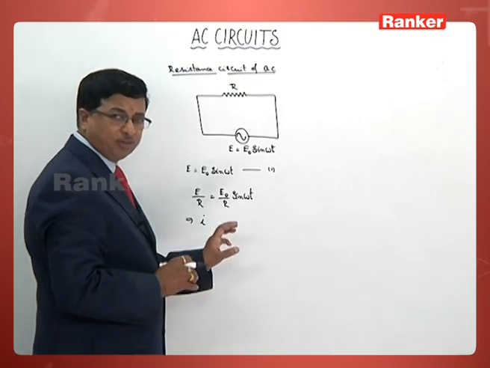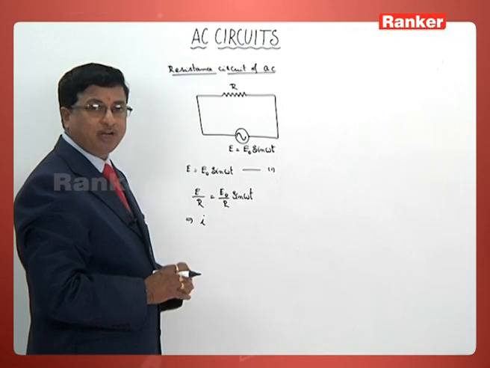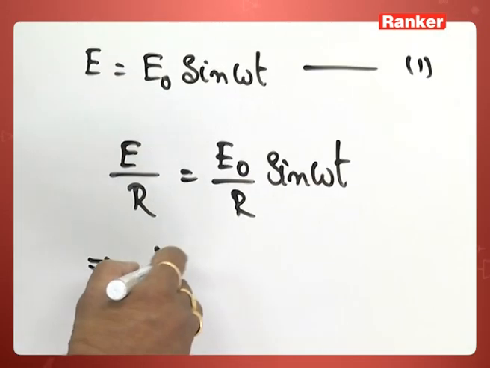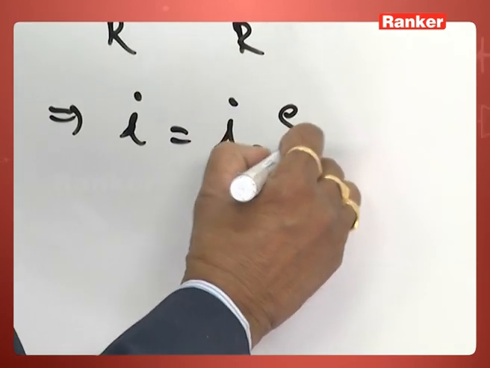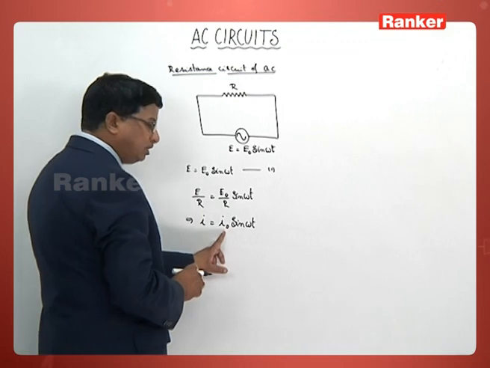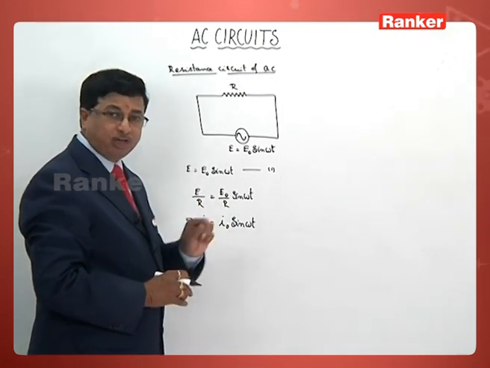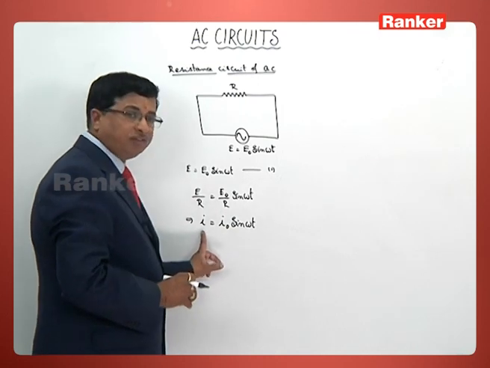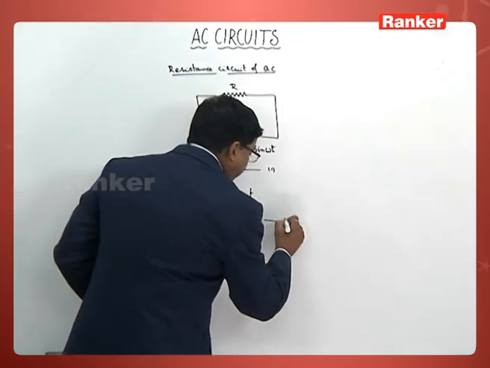In this case, it is to be called the instantaneous value of current. That now becomes I naught into sine omega t. So, when you consider this I naught, this is the peak value of current. This is the instantaneous value of current. This is my second equation.